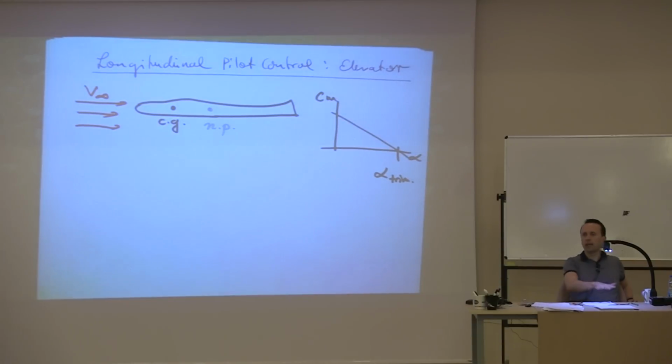What can you change in this picture? How about we change the CG? Can I change the CG of this airplane? If I change this location of the CG, will the airplane from this position go nose up or go nose down? Will it go nose up or go nose down if I change the location of the CG?